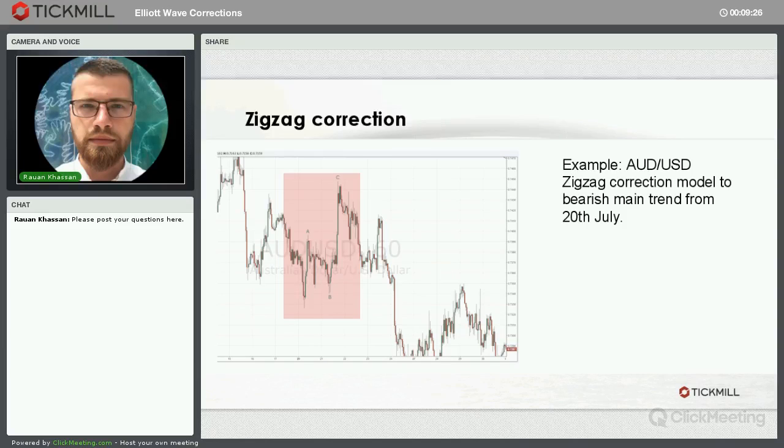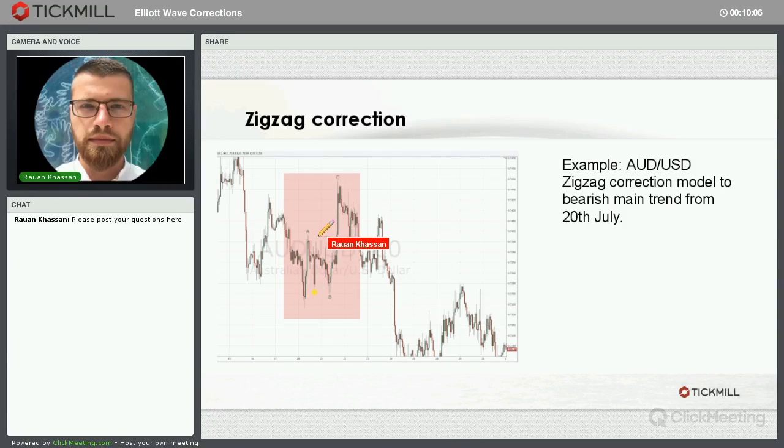So it can be easily seen that it has a 3-wave structure, which we have already marked with A, B, and C. Going deeper, you may notice that wave A has a very basic impulse structure, and the same occurs to wave C. Whereas wave B has an easily visible 3-wave structure, so I will mark it in yellow now.